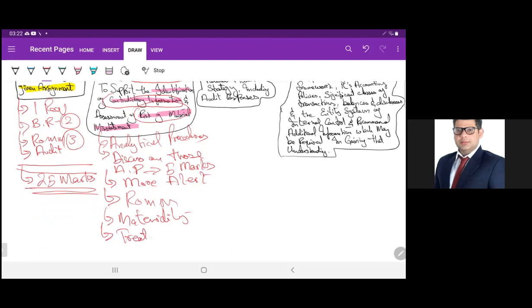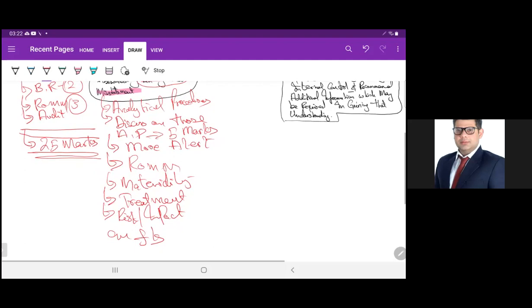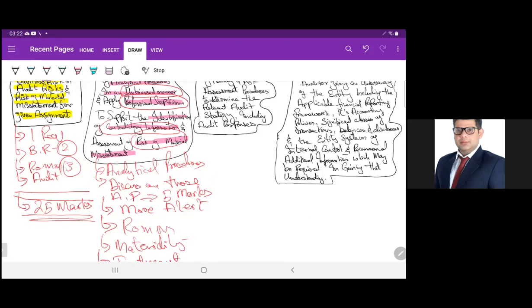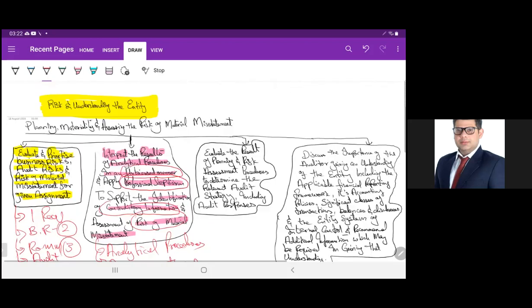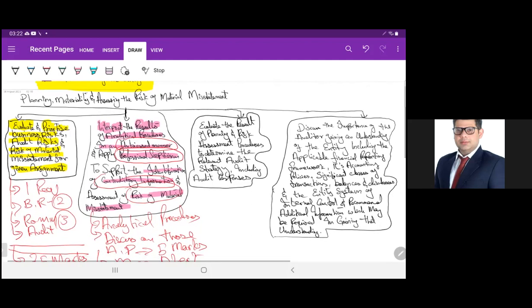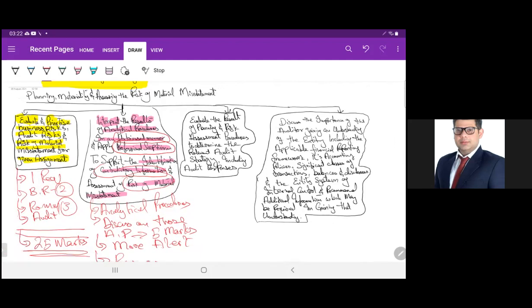And then you have to tell about the risk and the impact on financial statements. Okay, that will be your second type of requirement in this new format of the new type of requirements. And then we will have the third type of requirement.